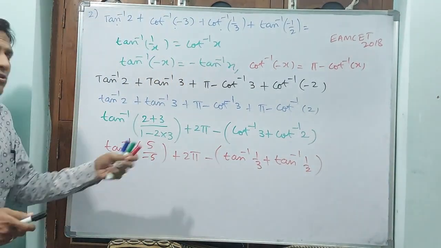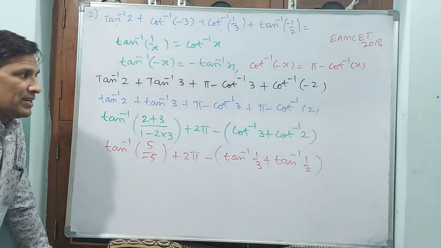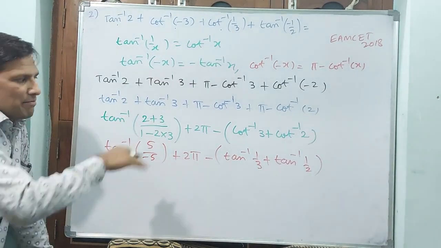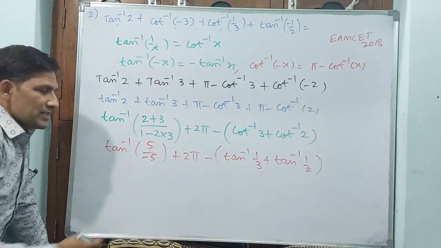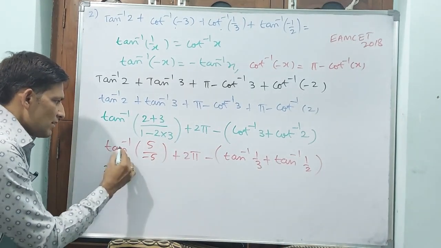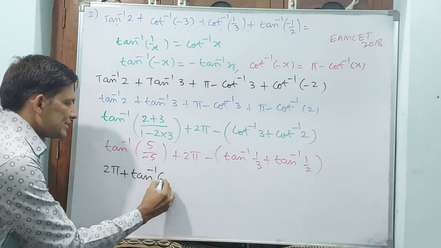See, why have I done like this? Because tan you can use easily. Whenever a minus comes to it, you please convert it into cot and make it. Otherwise, you are not going to get this 2 pi. Tan inverse of minus 5 by 5 gives 2 pi plus tan inverse of minus 1.